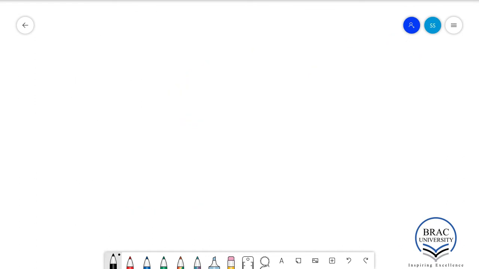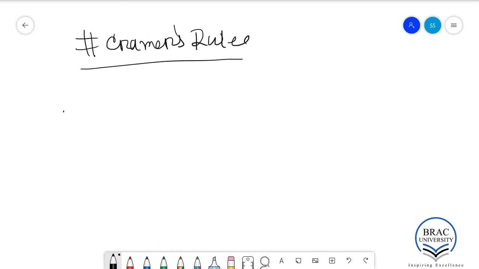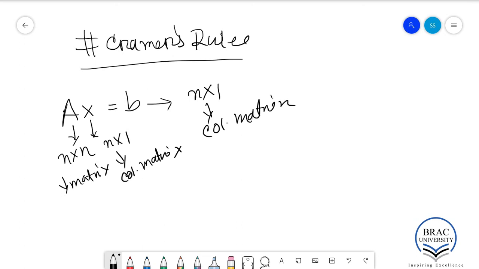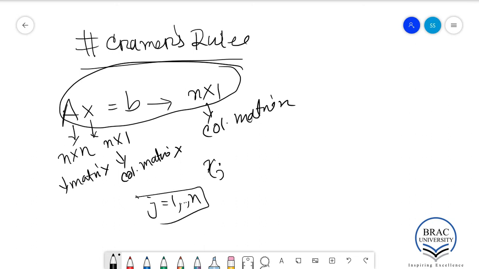We were using Cramer's rule for solving linear systems, and if our system is like this, where this is an n cross n matrix, this is an n cross 1 column vector, and this is also an n cross 1 column matrix, for this type of system, the solution for any variable j, where j runs from 1 to n, will be given by the determinant of Aj, that is the replaced column matrix, divided by the determinant of A.